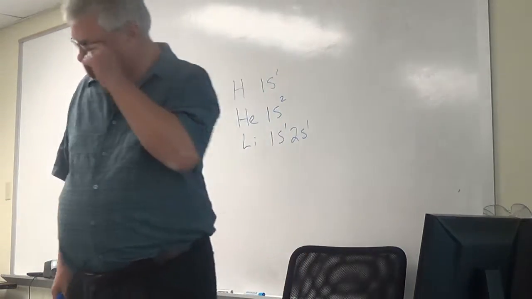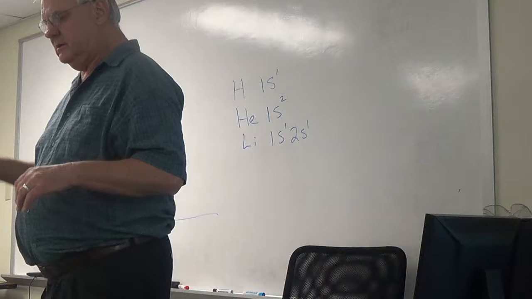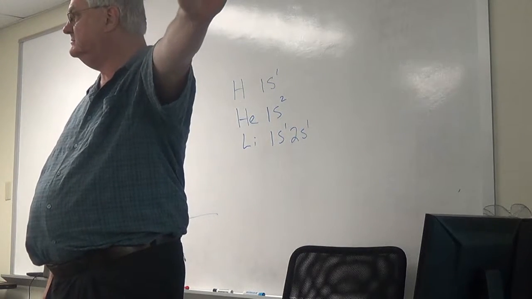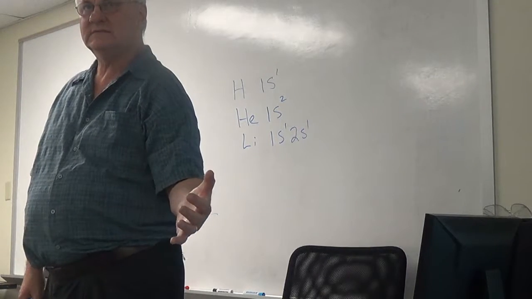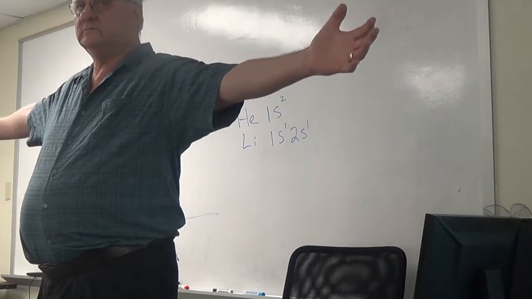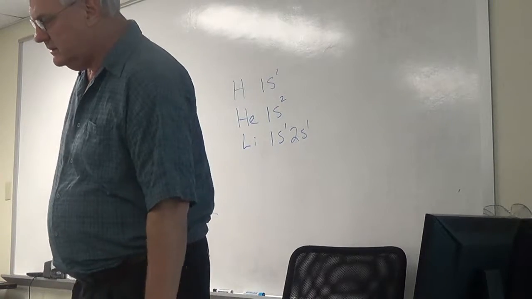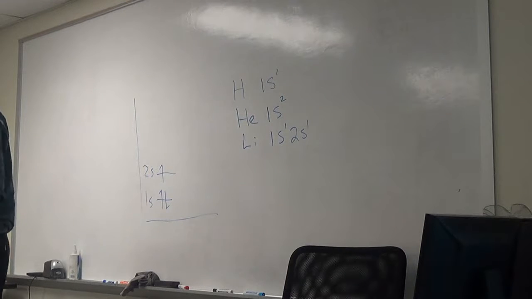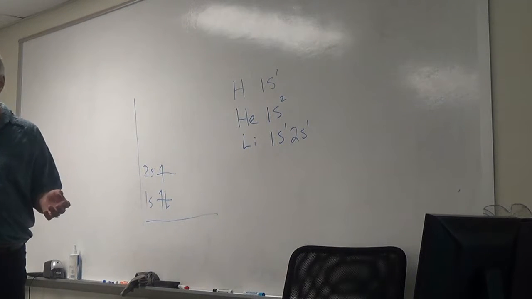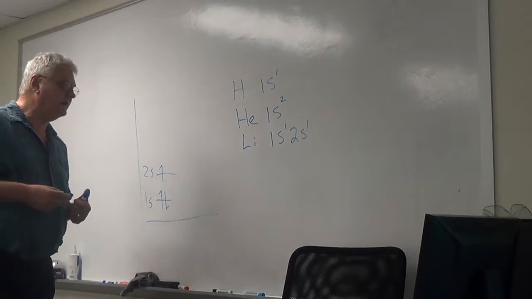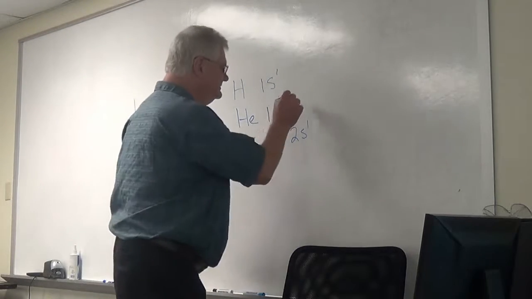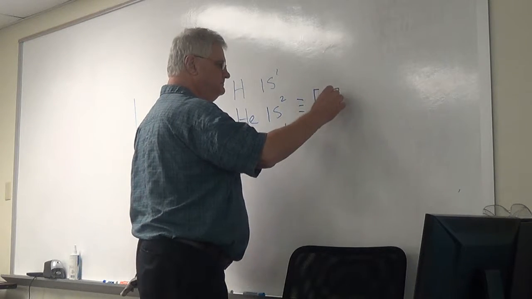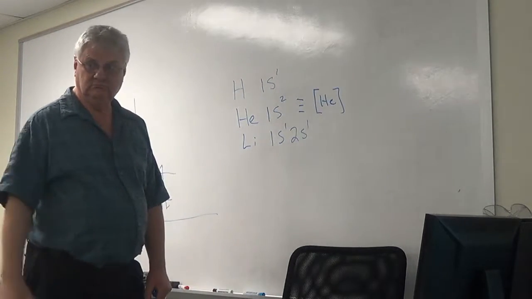Now, one thing about electron configurations: if you have a periodic table and you make it all the way to the right, and you reach the noble gases, you know from what we've talked about, the noble gases are unusually stable, filled shell. So another way we can write helium, kind of silly, but we can just put helium in brackets because it's a noble gas.